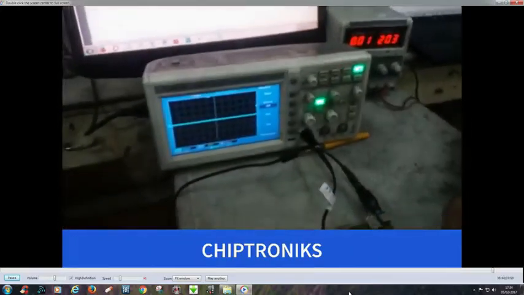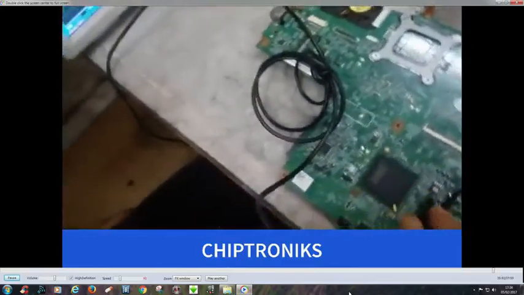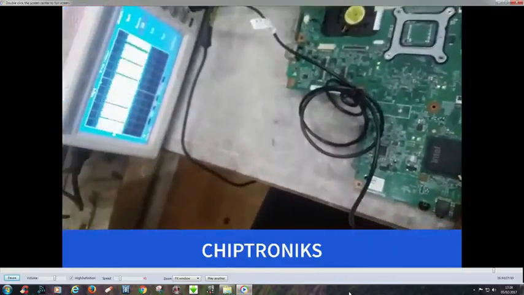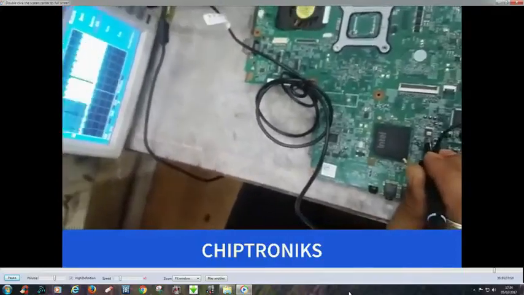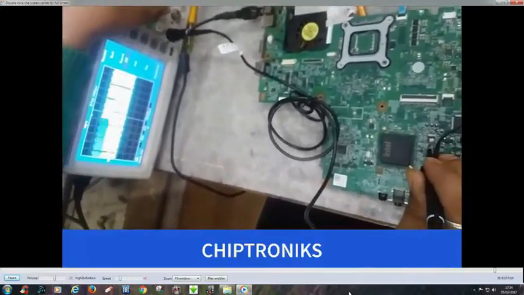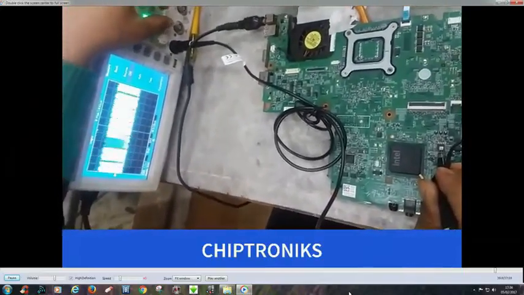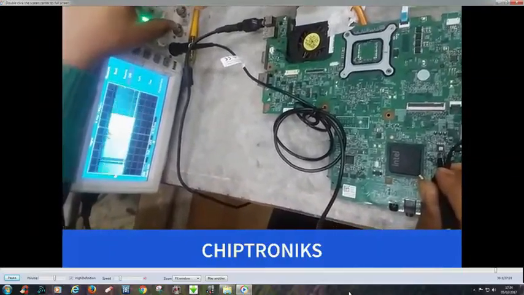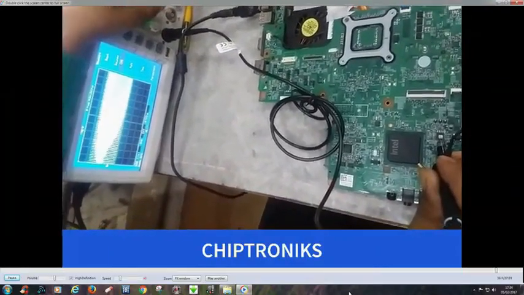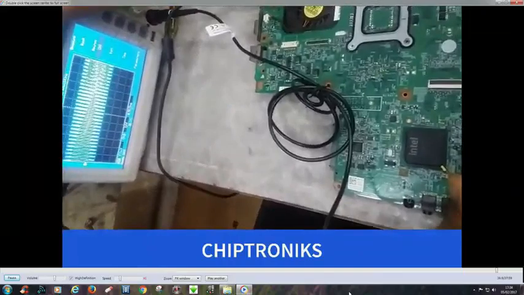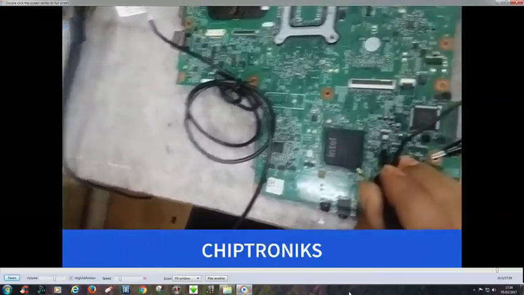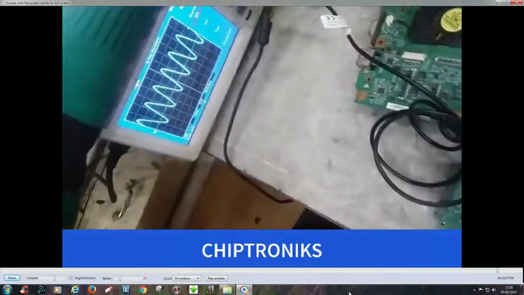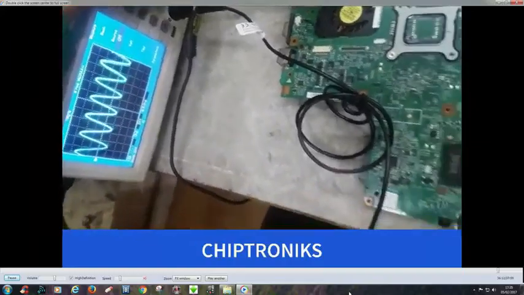So we'll check on CRO. You require CRO to check, and you can see it is getting clock so fast. So fast clock is coming from the IO controller at the BIOS chip. You can see like this, we are getting clock from the IO controller to the BIOS.